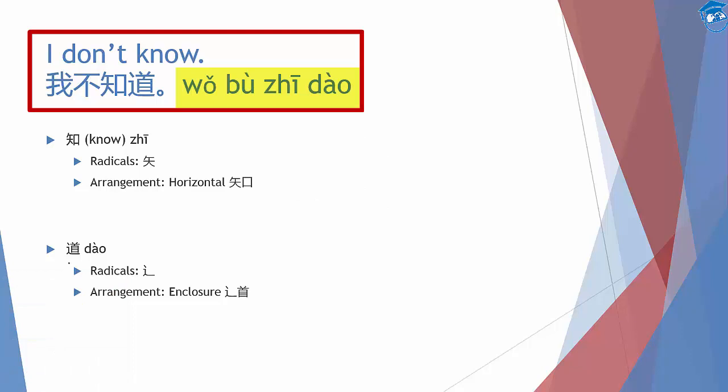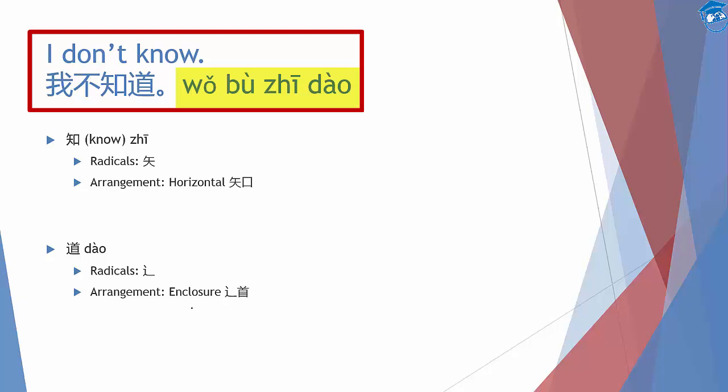The next one is 道. In this context, this has to be combined with another word to have the meaning of know. When it's standalone, it has quite a lot of meanings, so I'm not going to state anything here. I'm just writing the pinyin. 道. The radical is at the bottom left corner.